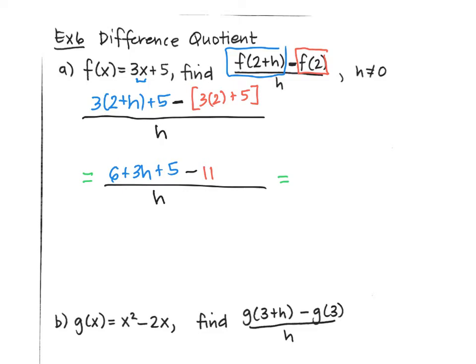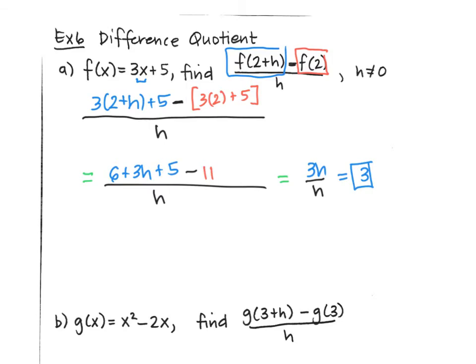I see a 3h, and then 6 plus 5 is 11, 11 minus 11 is nothing, so that's gone. So 3h over h. And then when I simplify that expression, the h's cancel and it goes all the way down to 3. Okay, so my final answer is 3, and at the end of a difference quotient, there should always be something canceling, and the h in the denominator will always cancel because you don't want to leave 0 in the denominator anyhow.